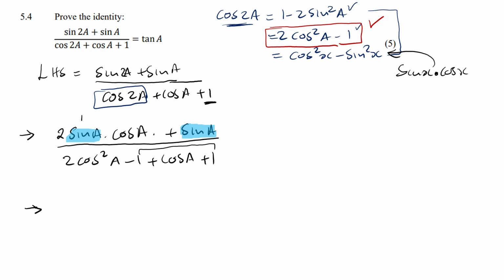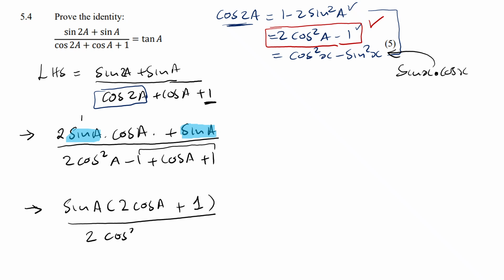So I'm left with 1 times cos a, which gives 2 cos a, then plus 1. On the bottom, the 1 cancels, and I'll have 2 cos squared a, then we are adding the cos a.